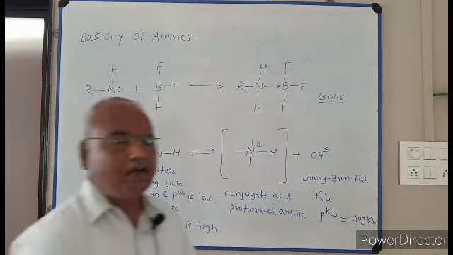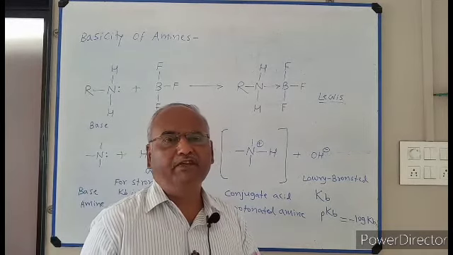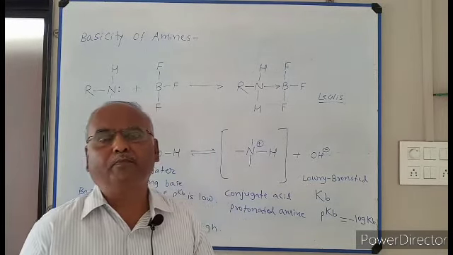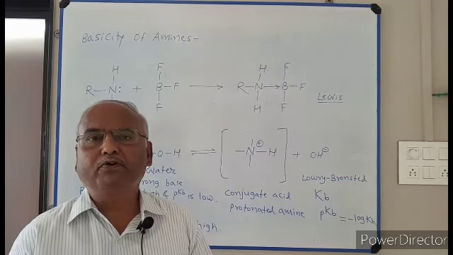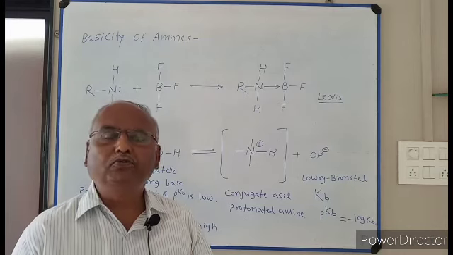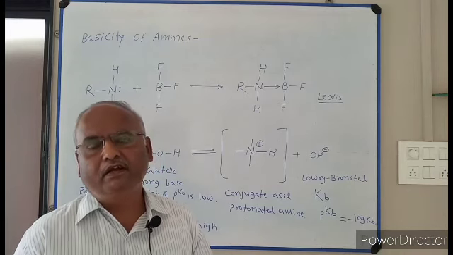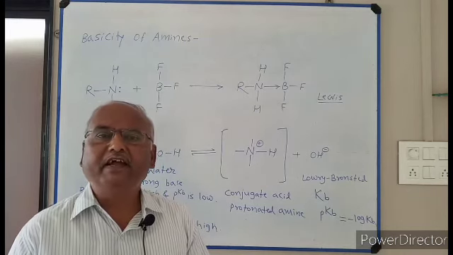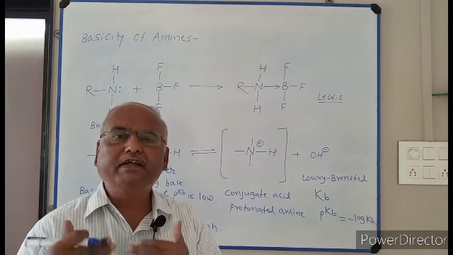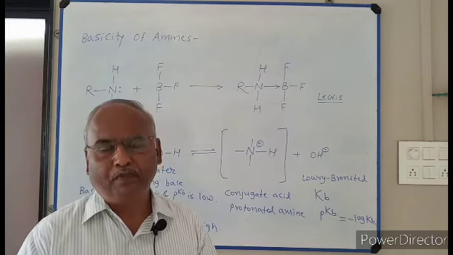So remember, amines are basic in nature due to the presence of a lone pair of electrons on the nitrogen atom. According to Lewis theory, amines act as weak bases because they are electron pair donors.